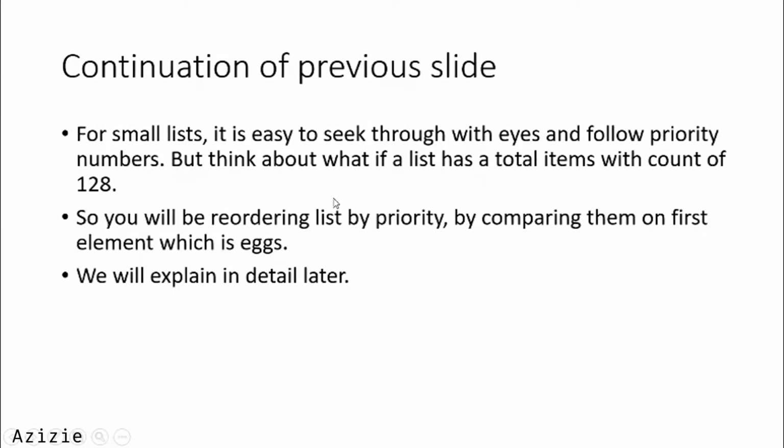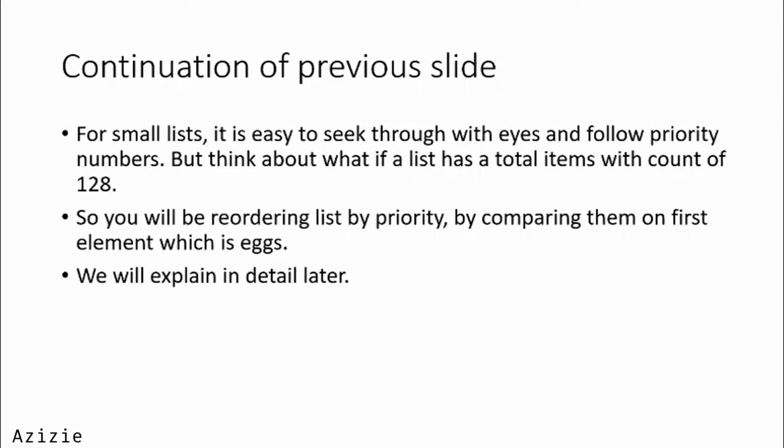So why do we use quicksort? For a small list, it is easy for us to see with our eyes and follow the priority number. But let's say the list has a total of 128 items with varying order.